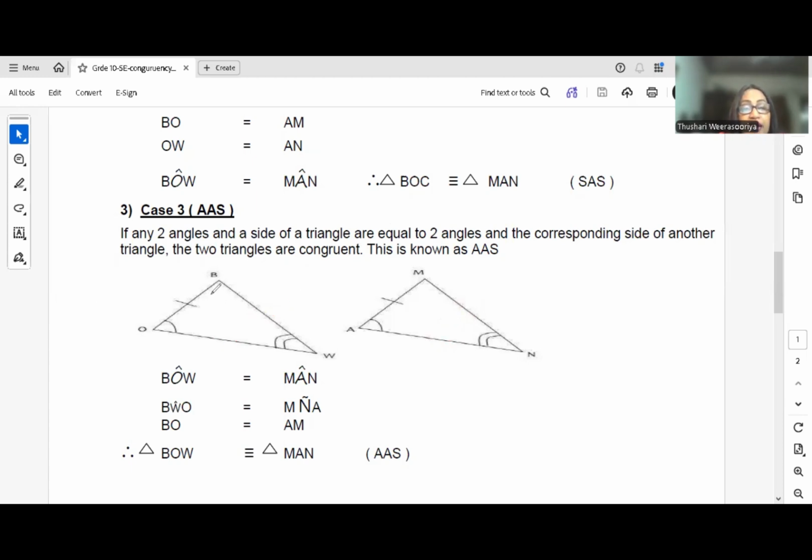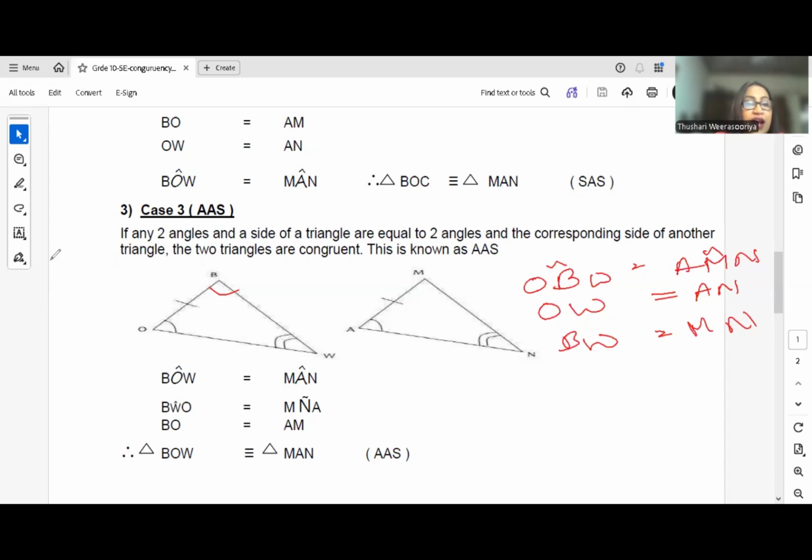This angle, there you get angle OBW equals angle AMN. Next one, I'll take this OW, and write the remaining ones. OW equals AN. Then BW equals MN. I assume you can understand that part.